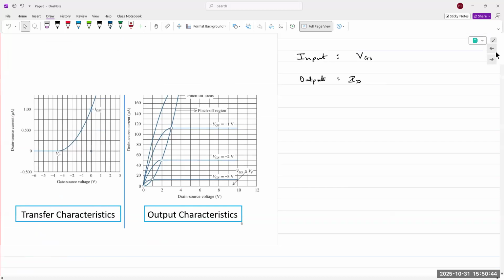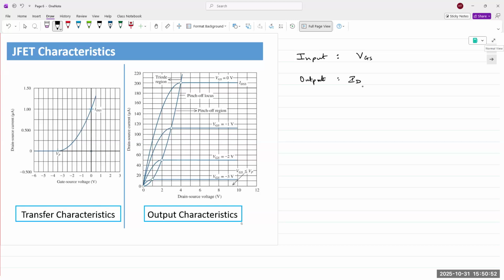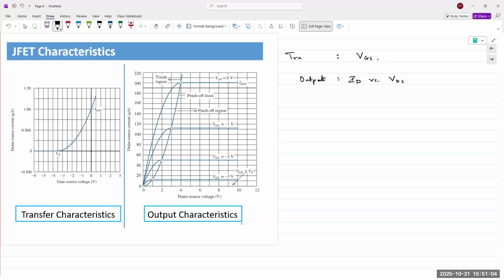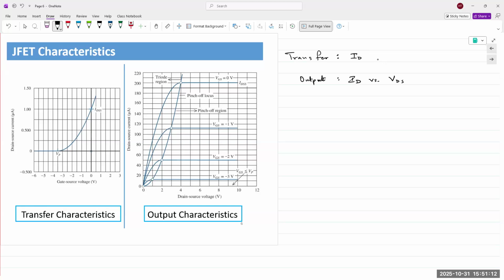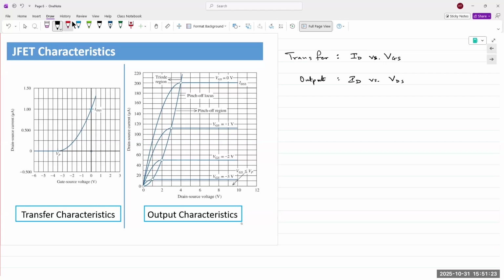So we have the output characteristics, ID as a function of VDS, and the transfer characteristics, ID as a function of VGS. IDSS, of course, is the max value right here.